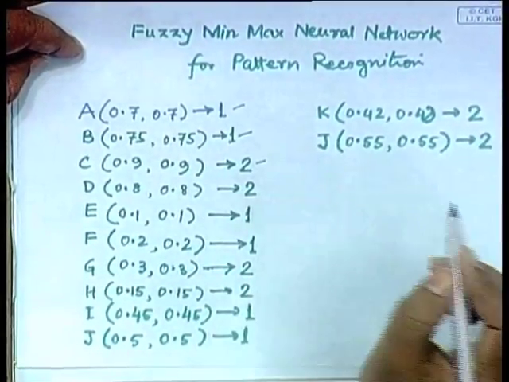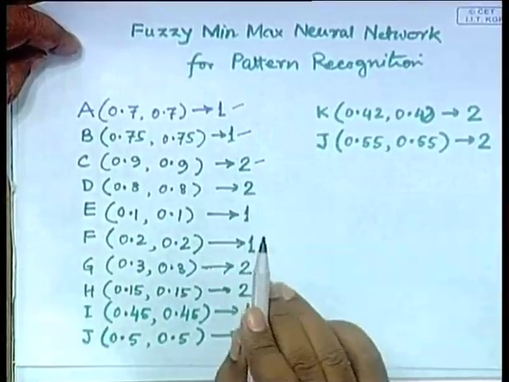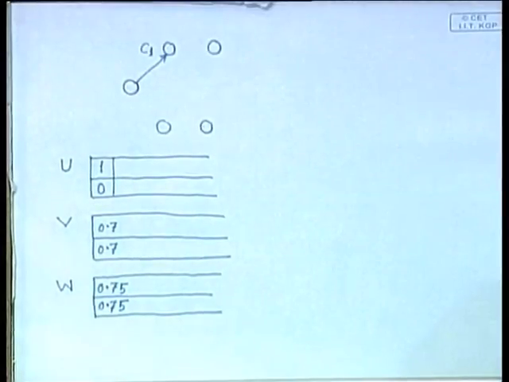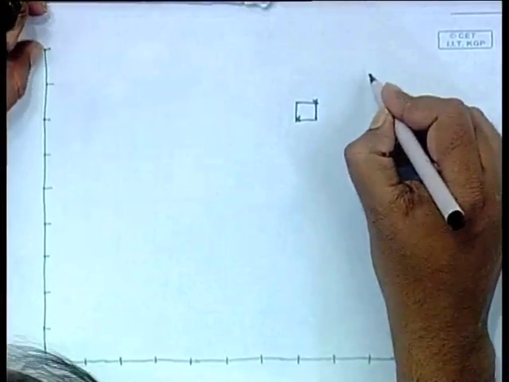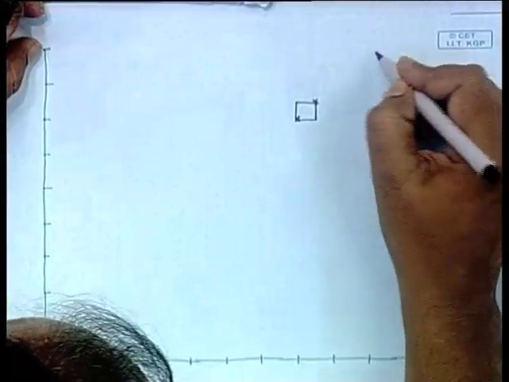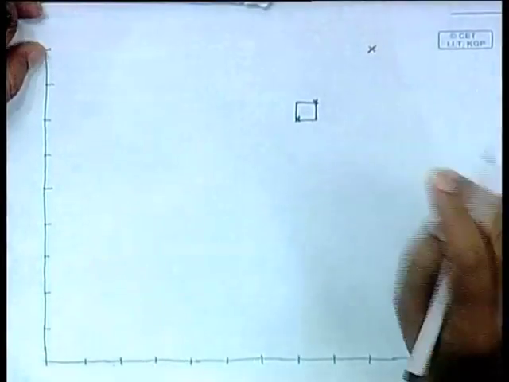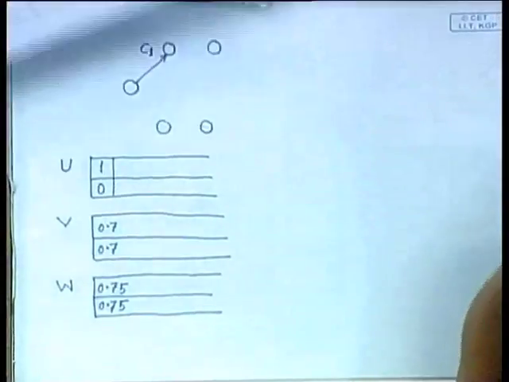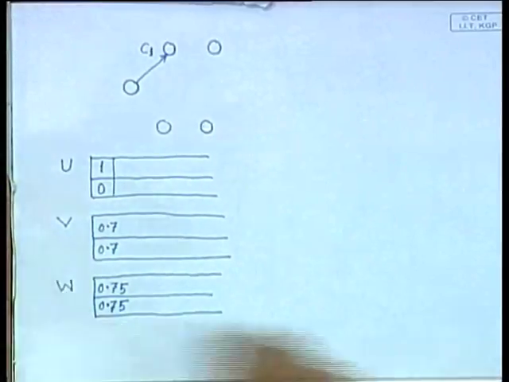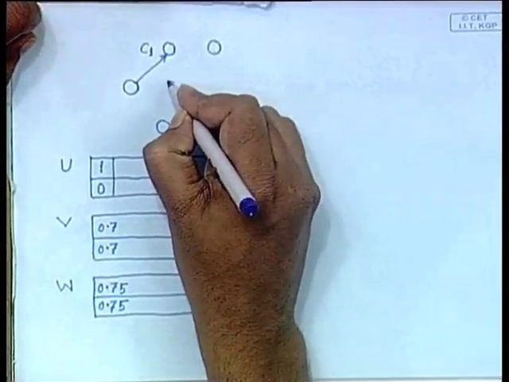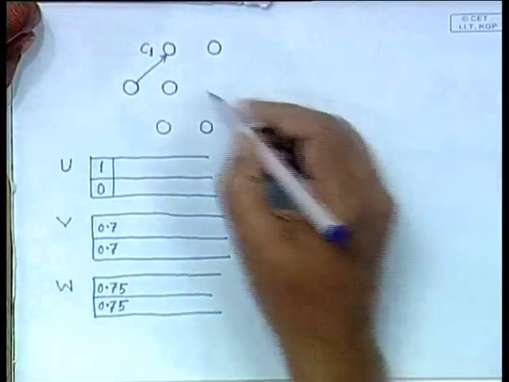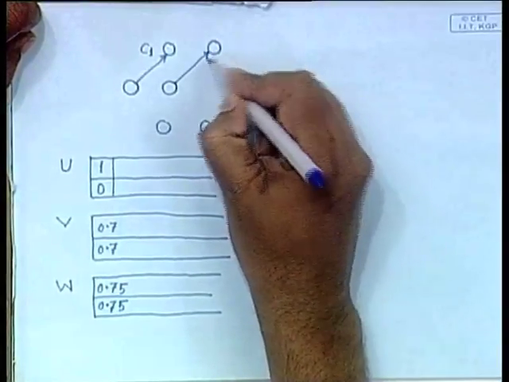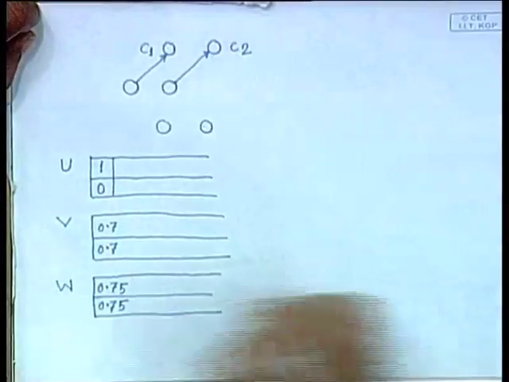Then I take the third training sample, 0.9, 0.9, which belongs to class 2. Obviously, I have to make a new hyperbox, which is again a point hyperbox at 0.9, somewhere over here. Because this belongs to class C2, I make a new neuron in the middle layer with a connection to the output layer neuron representing class C2.